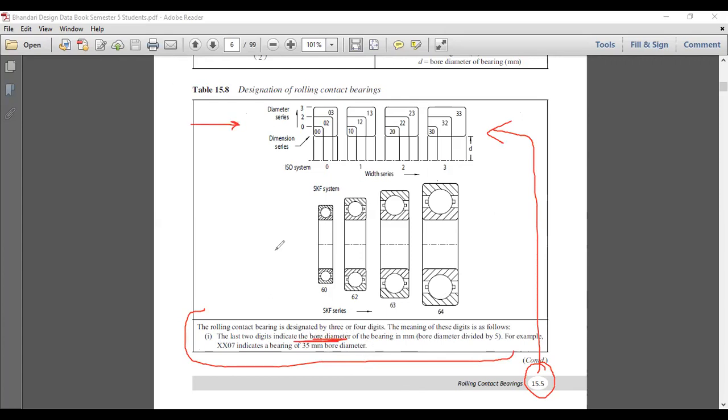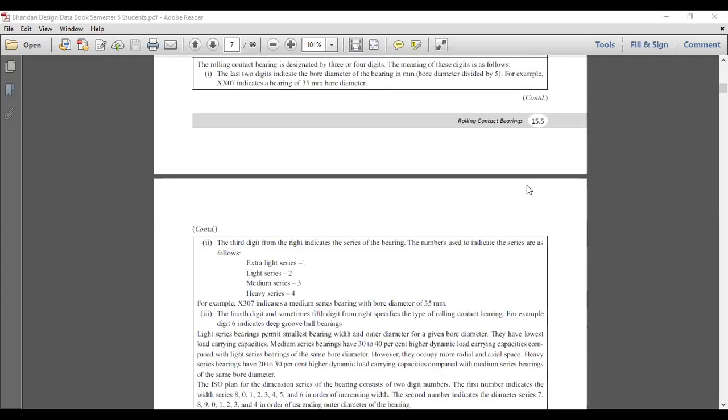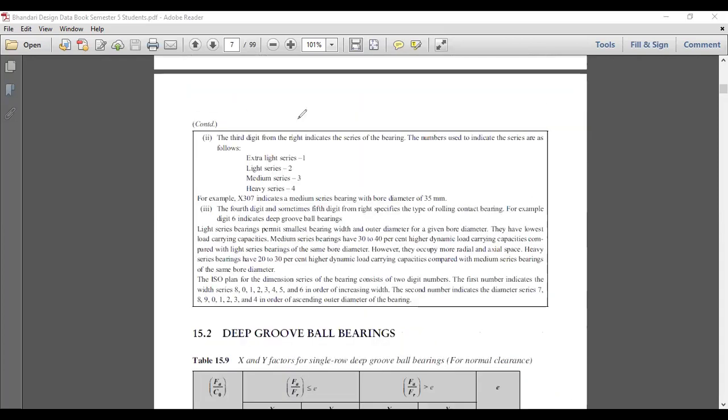From the left side, the last 2 indicate the bore diameter. Then in this design data book, they have said that the 3rd digit indicates the series. What is the meaning of light series, extra light series, medium series, and how you should calculate your bore diameter, that is also properly mentioned over here.